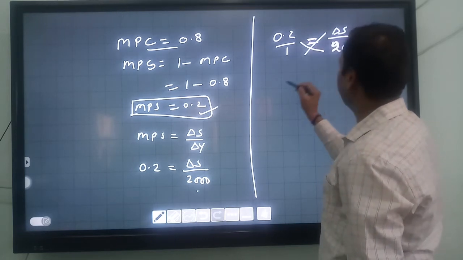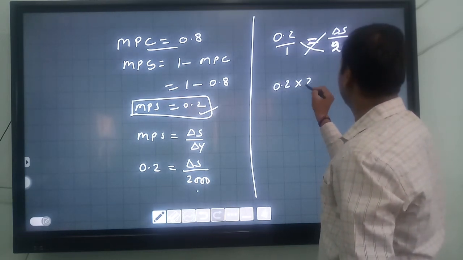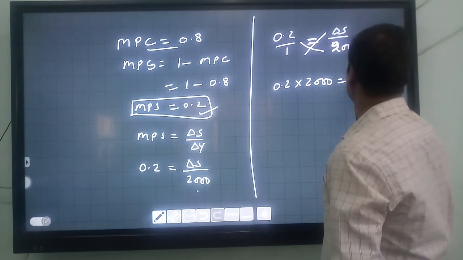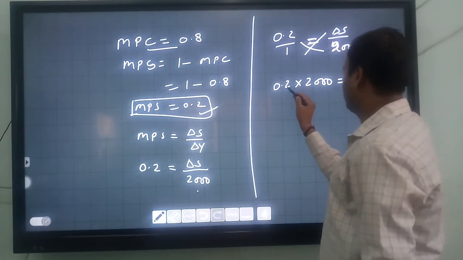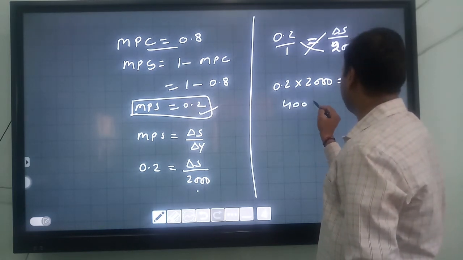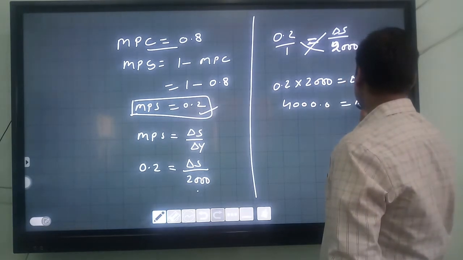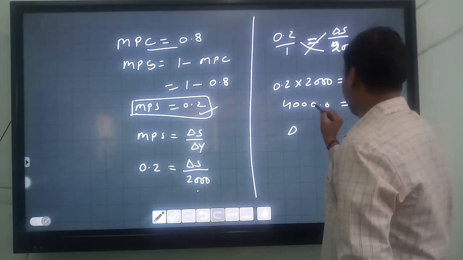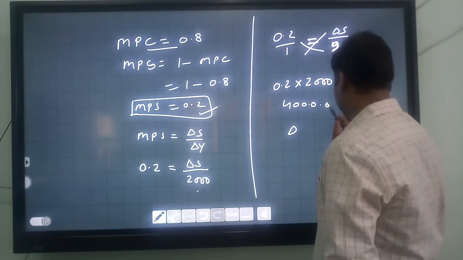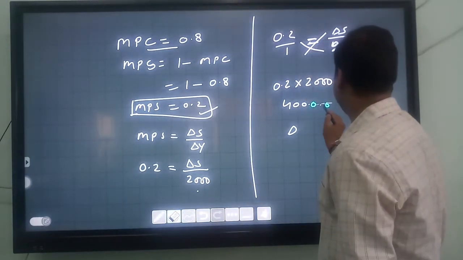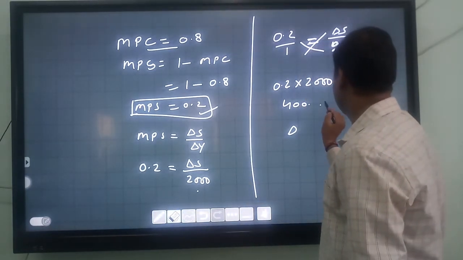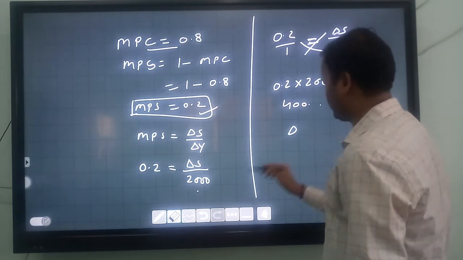Now we'll cross multiply. So 0.2 into 2000 is equal to delta S. So 2 into 2 is 4, so you just write directly 400.